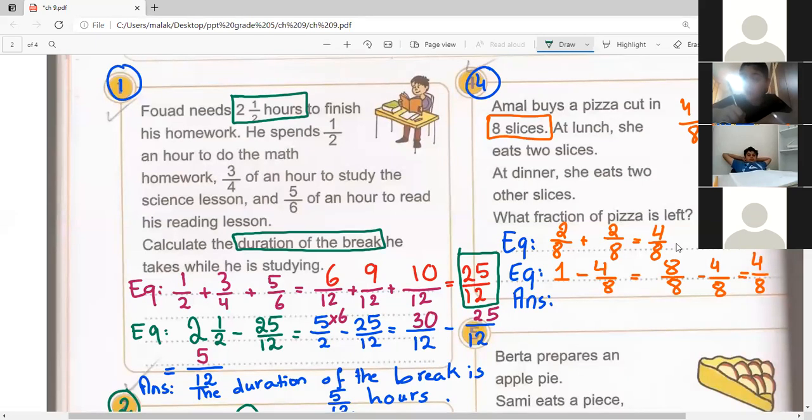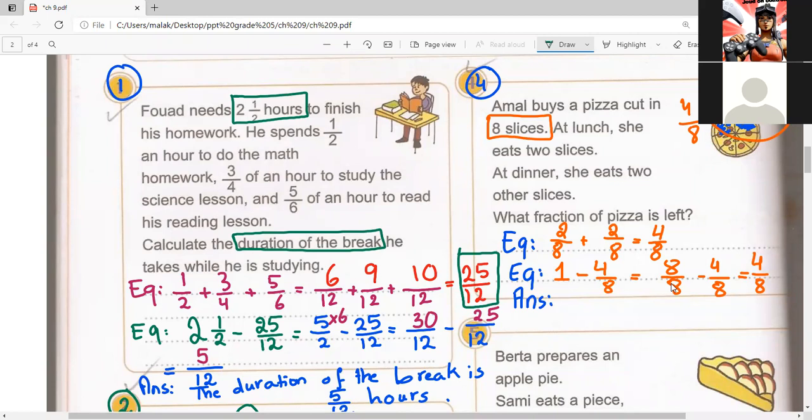Half. Who said it? Ayman? Excellent. Clap your hands for Ayman. Because she ate 4/8, she ate half of the pizza, and half of the pizza is left.